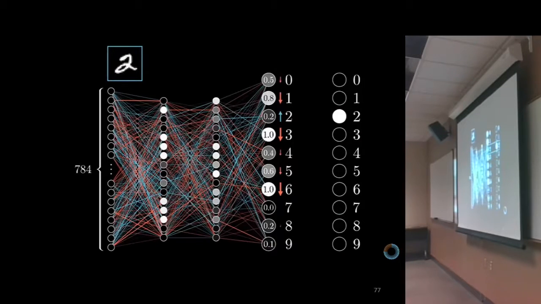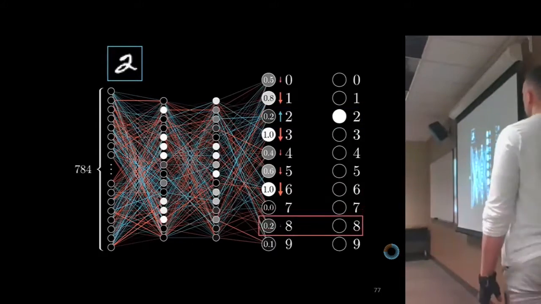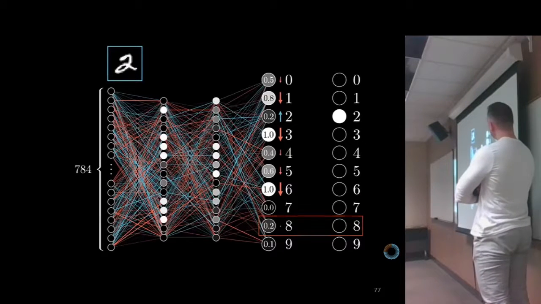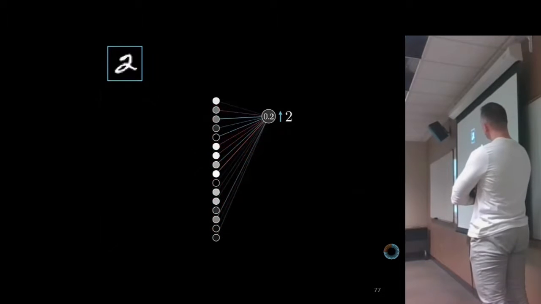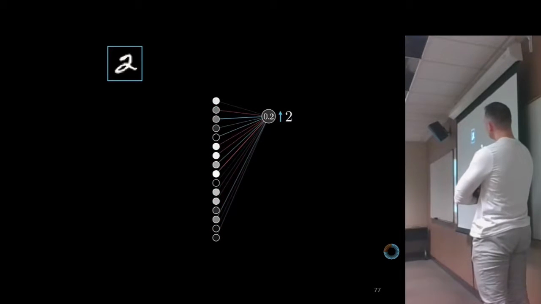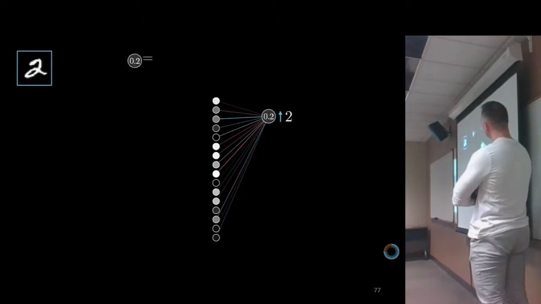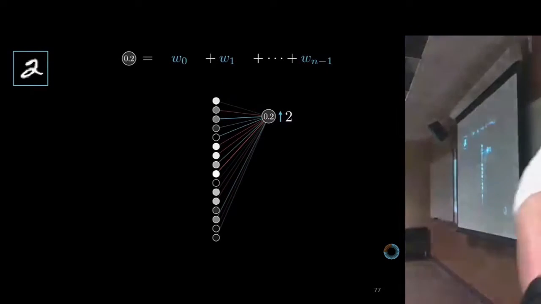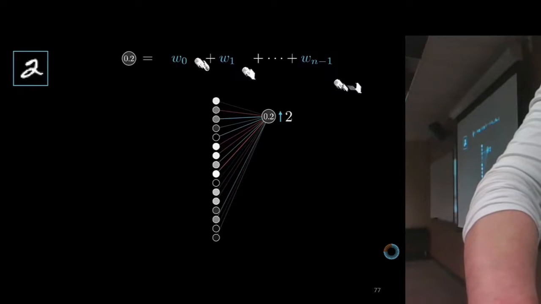For example, the increase to that number 2 neuron's activation is in a sense more important than the decrease to the number 8 neuron, which is already pretty close to where it should be. So zooming in further, let's focus just on this one neuron, the one whose activation we wish to increase. Remember, that activation is defined as a certain weighted sum of all of the activations in the previous layer.